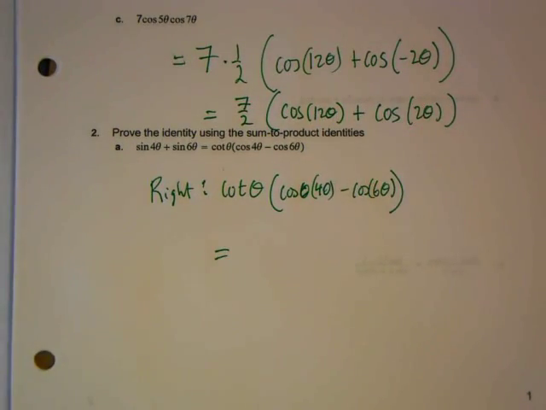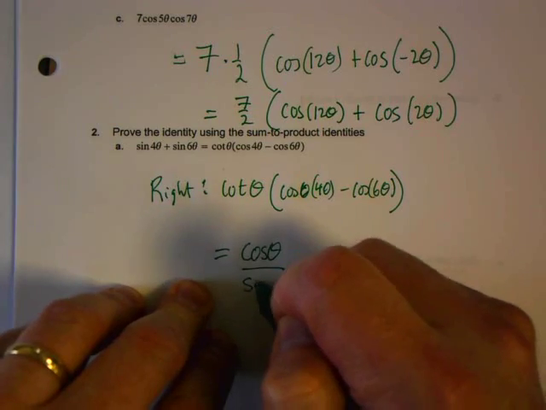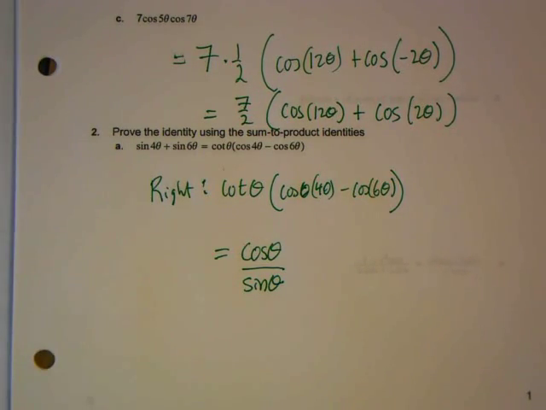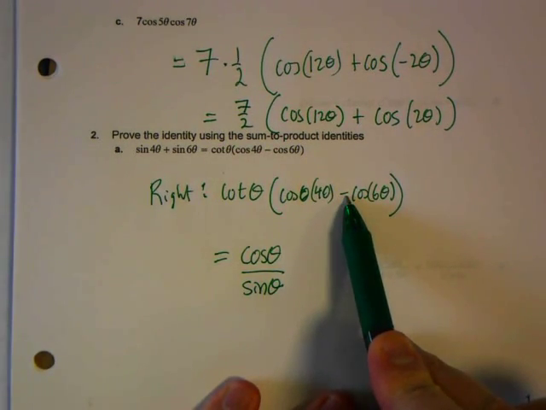What can you do to simplify that? Cotangent is cosine theta over sine theta. Good. And then I'm going to use, this is actually a sum to product identity.